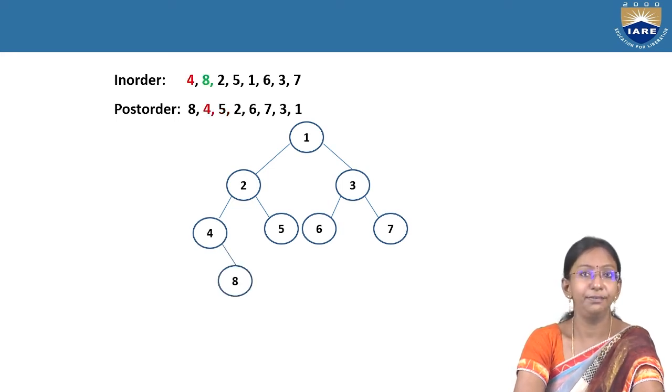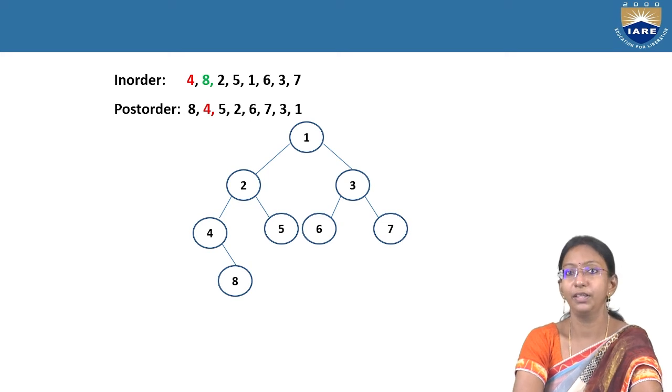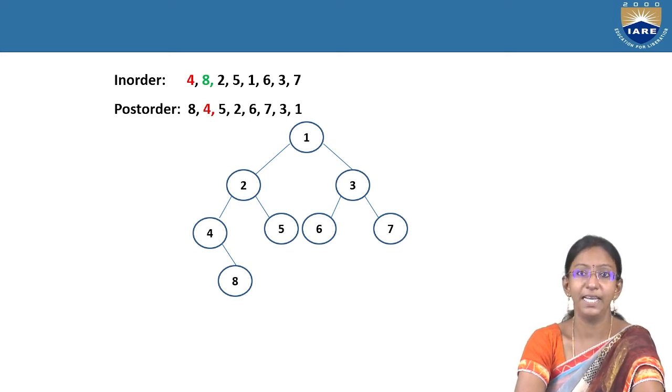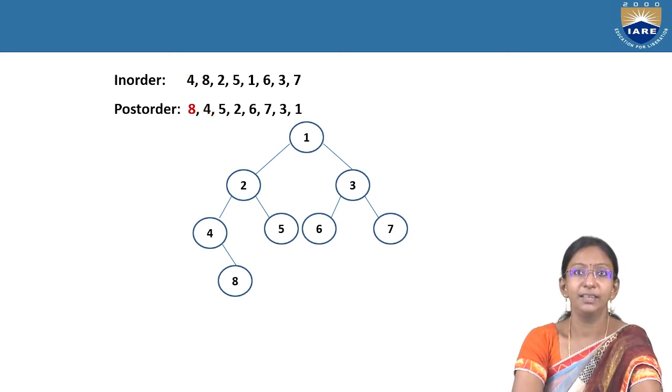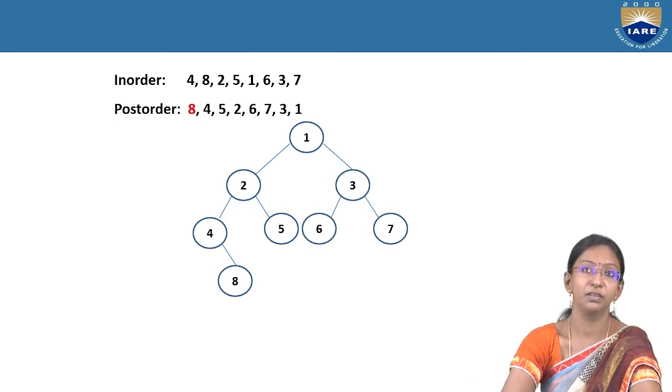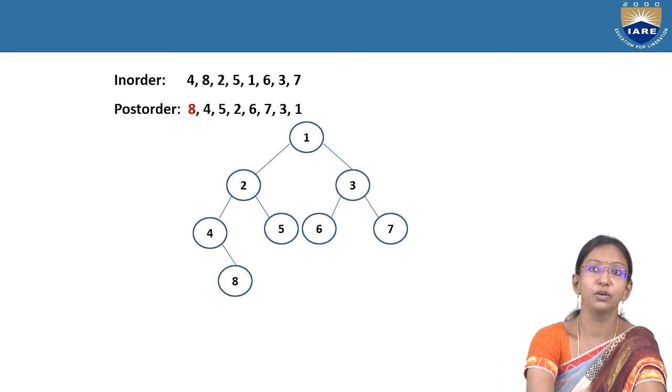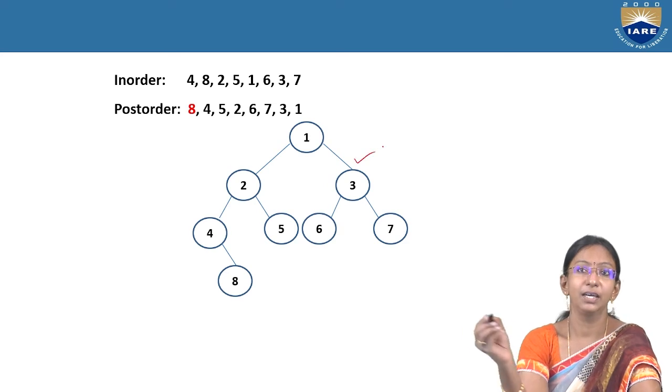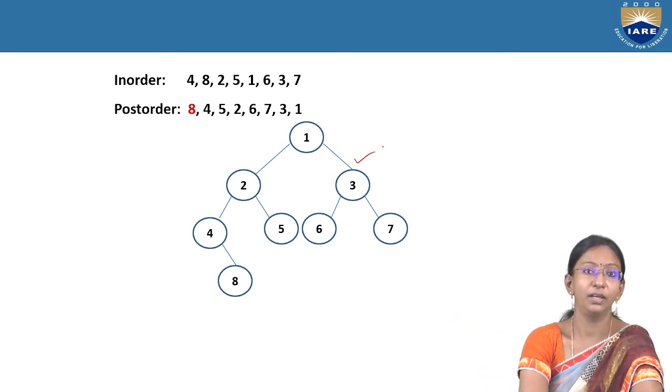So the left of 4 you do not have any elements, but on the right you have 8. Place it. Next element is 8. 8's left side is its parent, which is 4. Right side is its grandparent, which is 2. So even 8 is a leaf node and there are no more elements in your post-order. So this is your final binary tree constructed using in-order and post-order, right?